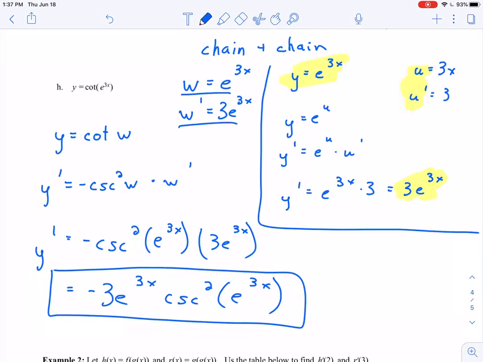And part of that is just because the chain rule is so new. So hopefully as we develop more practice with the chain rule, we'll start to feel a little bit more comfortable, and we'll feel more confident in identifying when we have a double chain rule for a derivative.